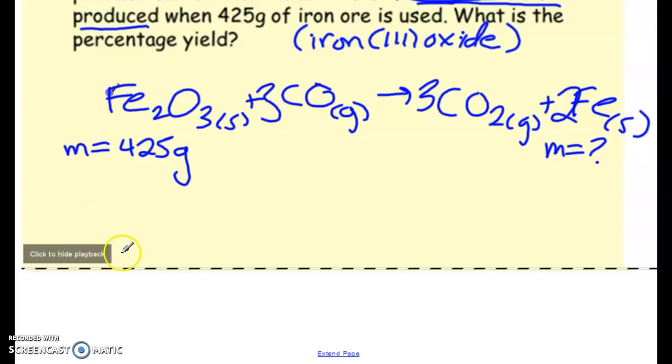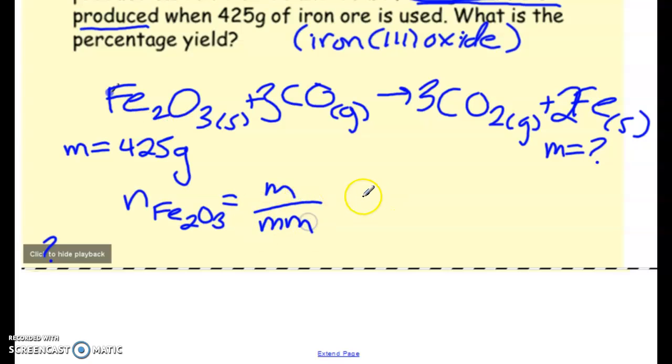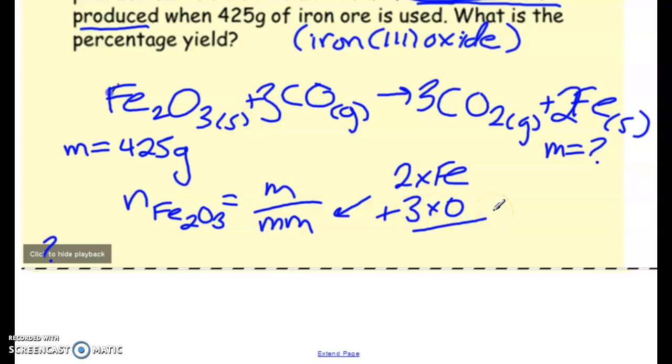So the first thing we're going to have to do is find the moles of iron 3 oxide first by doing mass over the molar mass. The molar mass is going to be 2 iron plus 3 oxygens. So let me get my periodic table here. Okay, so we have 55.84 times 2 plus 3 times 16.